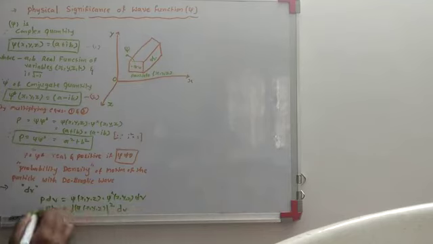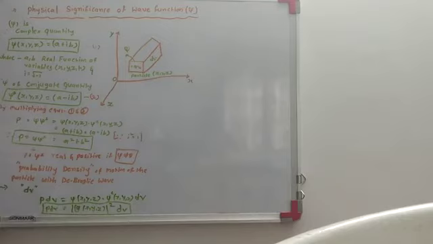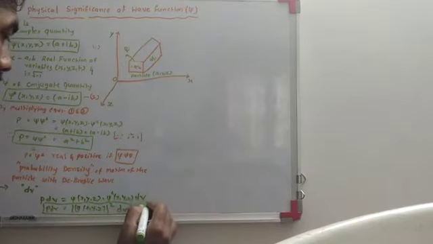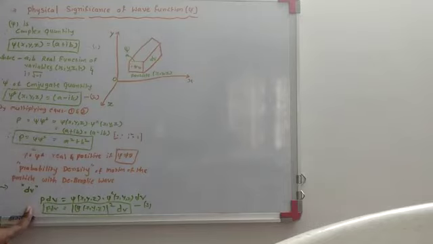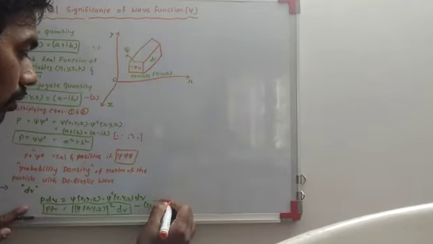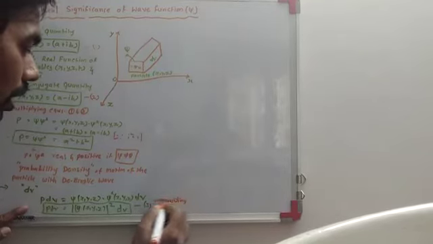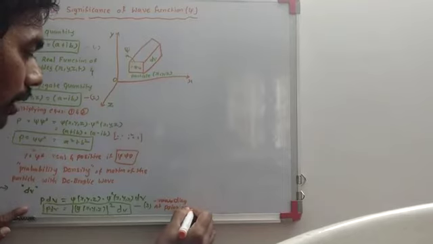This is the third equation. This equation represents the probability of finding the particle in dV surrounding the point x, y, z.